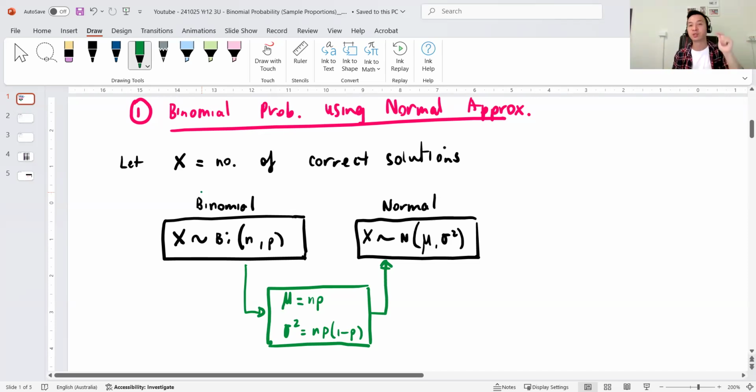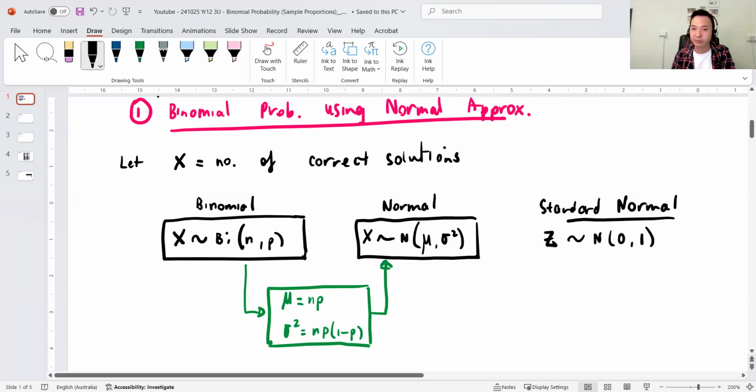But once we go normal, we now can't really do anything with that in the 3-unit syllabus. We then need to go further and go standard normal. So we go from the variable x and convert that to z, which is standard normal, where the mean is 0 and sigma squared is 1.